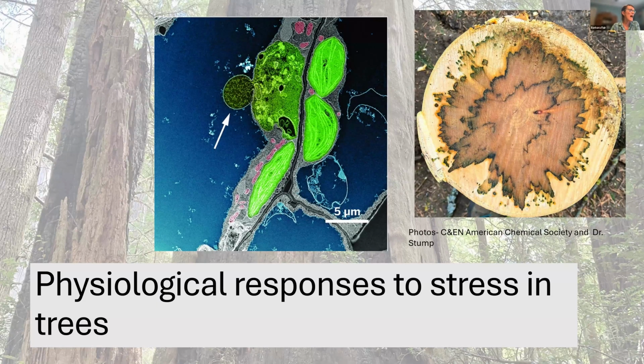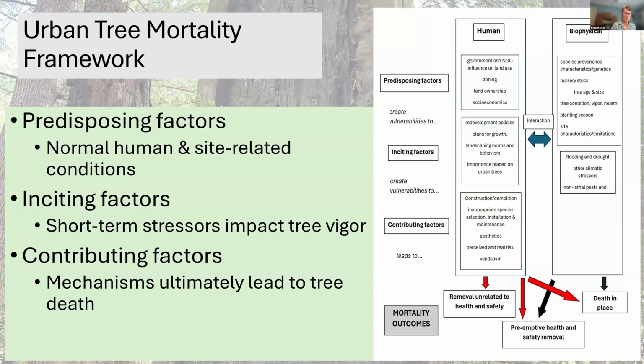So what happens in the tree when you have this kind of physiological response? What happens in the tree? And I want you to look at it in a different way, because this is something that we can think about. How does this apply to our landscapes and our management of trees in urban environments? And so somebody came up with this little framework, and you don't need to read all of that stuff right now. What I want you to get are the three main factors.